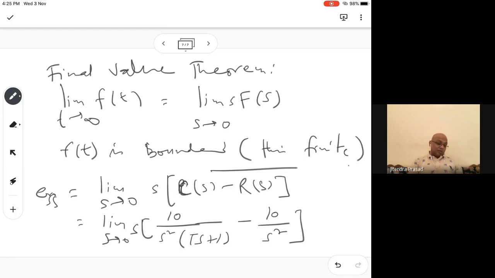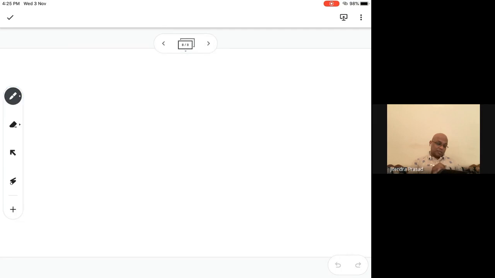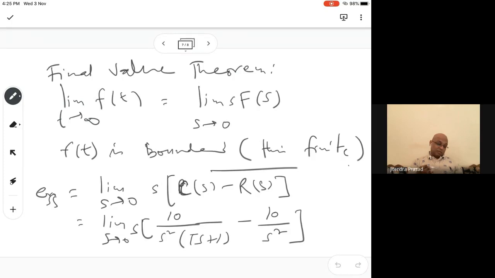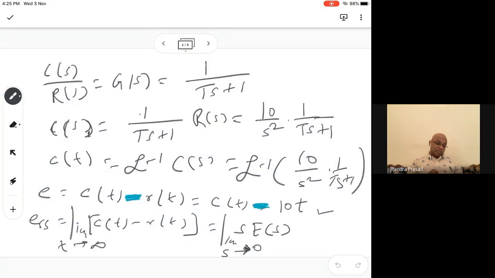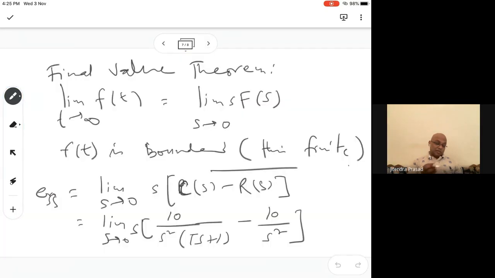So what we get in this case is the limit as s tends to 0. R(s) is given and C(s) is here with Ts plus 1, and then we are going to find this. Okay, now let's do it.